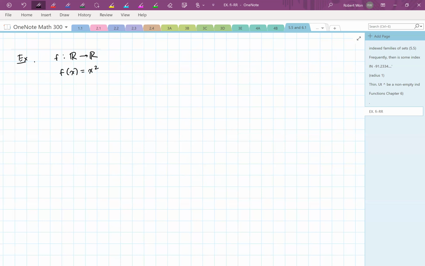Because in order to have a function, you need to know a domain, a codomain, and a rule. If I say x squared, that's basically telling you the rule. It's not a function until you know what the domain and the codomain are. So here I've actually defined a proper function. The domain is real numbers, the codomain is real numbers, and the rule, you take every real number and you just square it, and that's your output. So here the domain is the reals and the codomain is the reals.